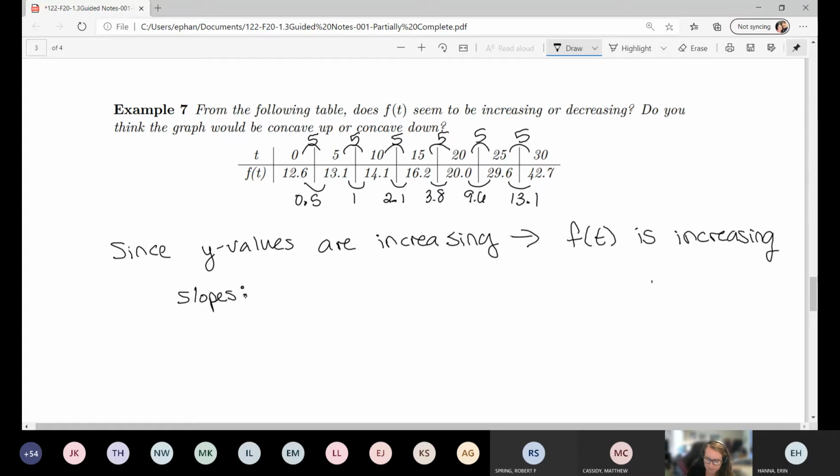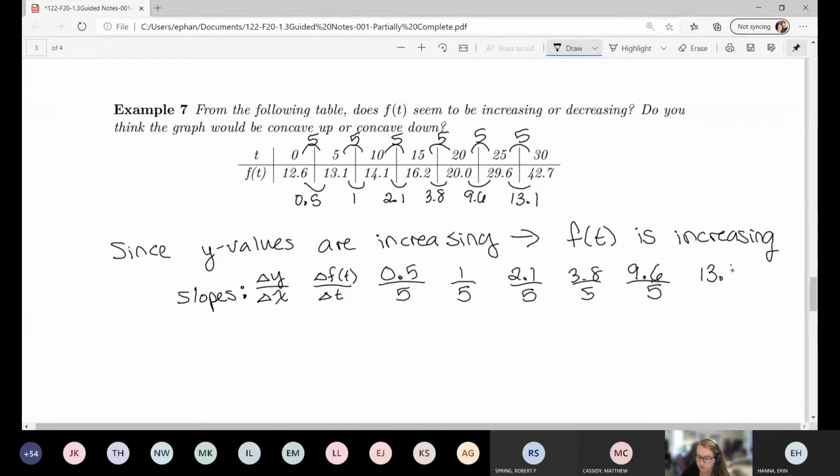Slopes. So again, just make sure we're getting it. Change in y over change in x. So technically change in f of t over change in t. So 0.5 over 5, 1 over 5, 2.1 over 5, 3.8 over 5, and so on and so forth. 9.6 over 5, 13.1 over 5.